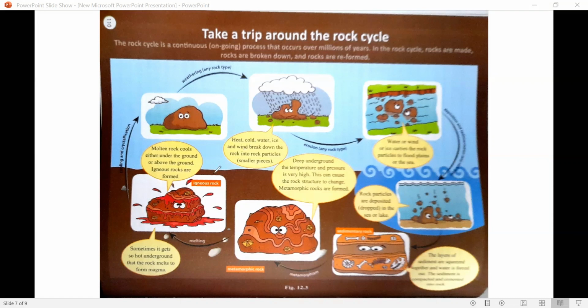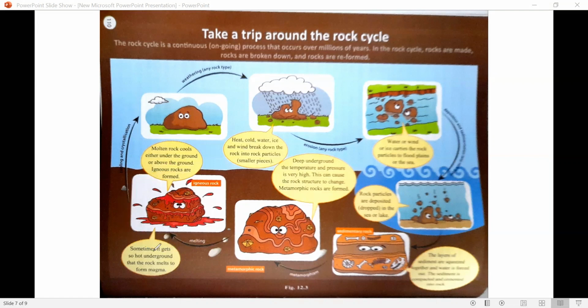If we take a look over here at the igneous rocks, we can take it as the first formation of rock. Molten rocks cool either underground or above the ground, and then igneous rocks are formed.